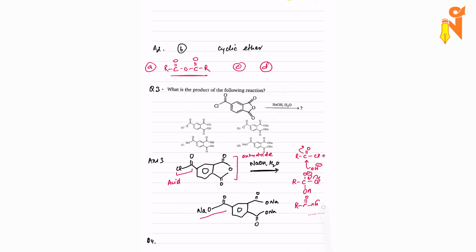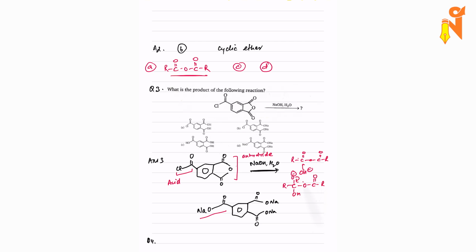A similar thing will happen in the case of anhydrides also. I will show you how the anhydride reaction will take place. If I have an anhydride, that is RC double bond O, OC double bond OR, exactly the same thing will take place. OH minus will attack over here, forming RCO minus, OC double bond OR and OH.